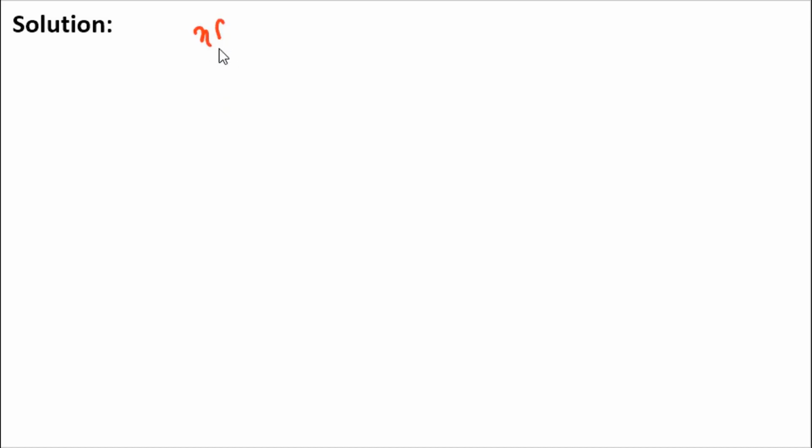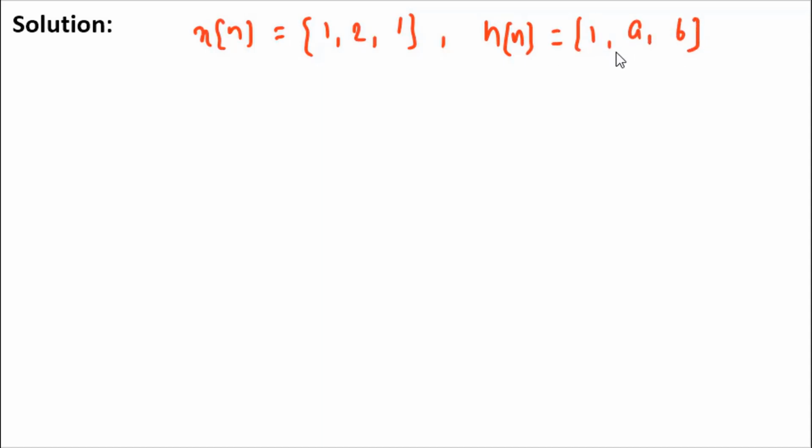So you have been given x of n as 1, 2, 1 and h of n as 1, a, b. You assume that at n equal to 1 the value of h of n is a, and at n equal to 2 the value of h of n is b. Now you can take this table.